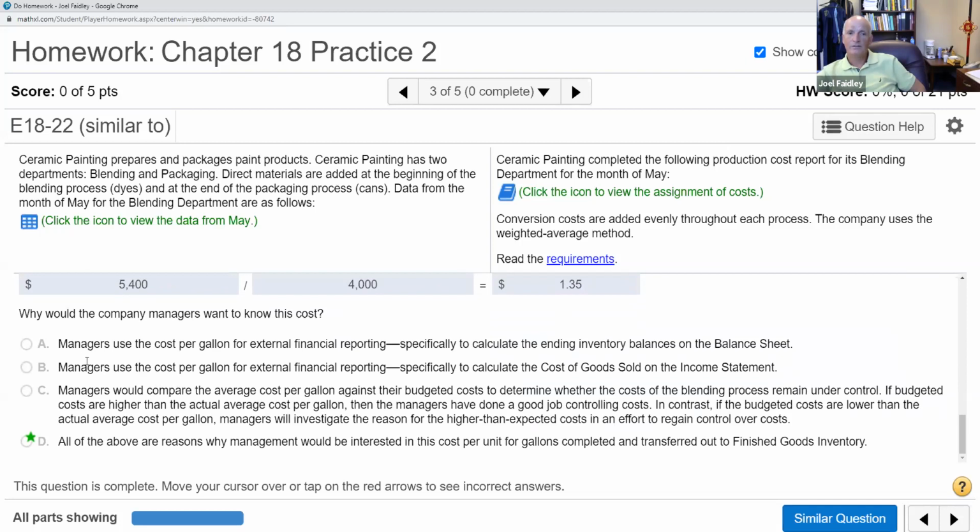And a manager would want to know all of this for these reasons. Cost per gallon. You know, as much as we talk about managerial accounting, which is what this is, in costing, it is tied to your GAAP, generally accepted accounting principles, financial, external statements. Because you got a balance sheet there that's got your inventory value, right?